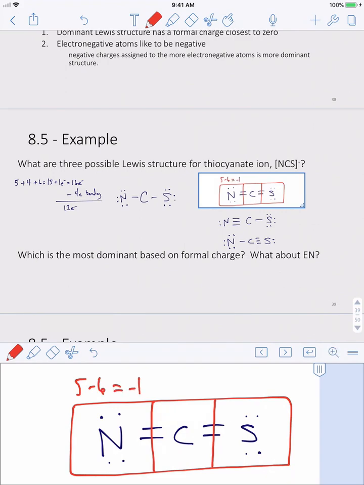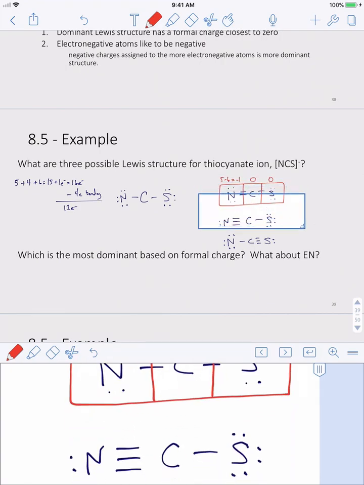So the formal charge on nitrogen here is minus 1. For the central carbon, we should have 4, and we have 4, so this is 0. And for sulfur, we should have 6 valence electrons, and there are 6 inside the box, so that is also a 0.